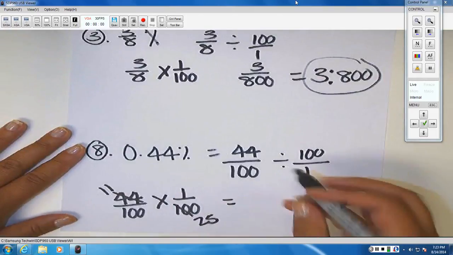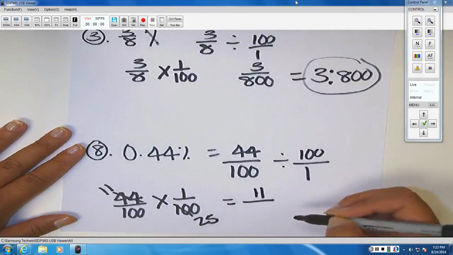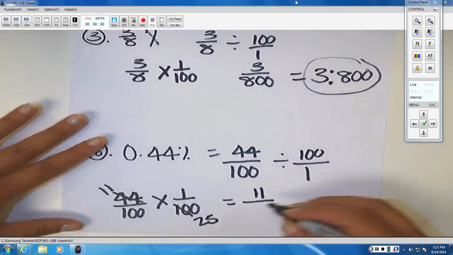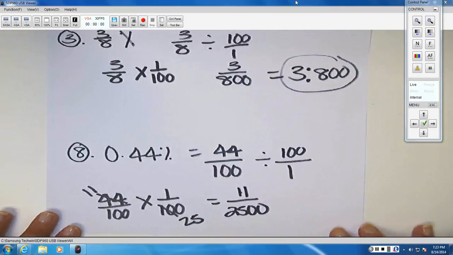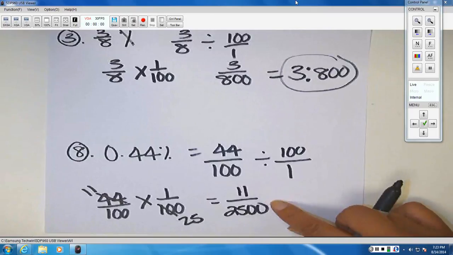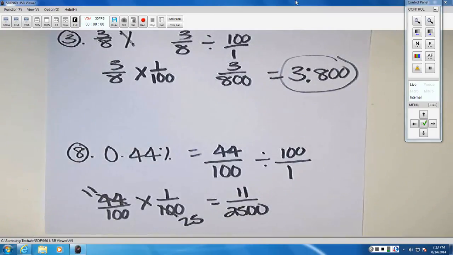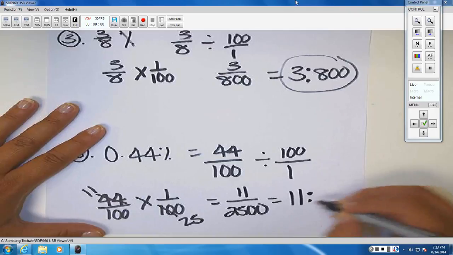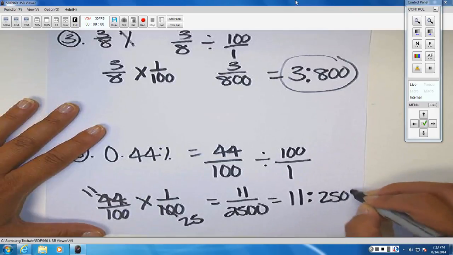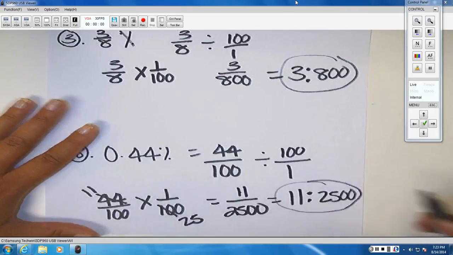I end up with 11, and 100 times 25 is 2,500. So here's my simple fraction that's reduced in its lowest terms, 11/2,500ths, and I'm just going to take that and turn it into my ratio. So that equals 11 is to 2,500. There's your ratio.